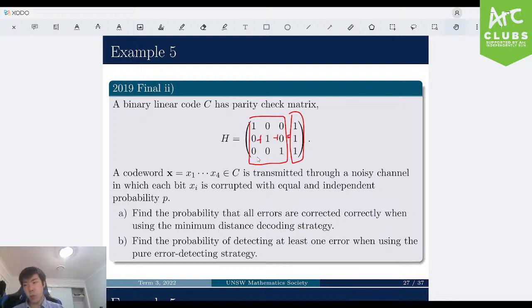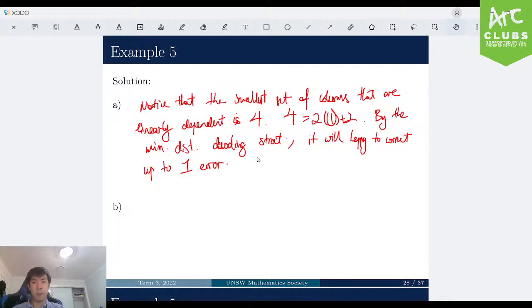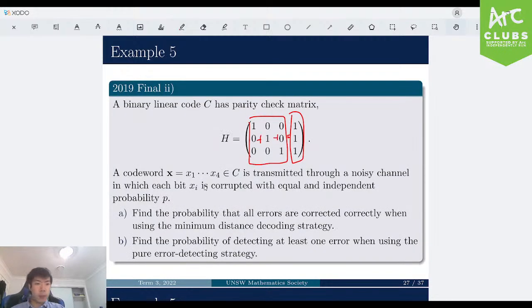So what's the probability of one of those bits being corrupted? Well, that would just be equal to 4 times p times (1 minus p) cubed, right? So the 3 bits are not corrupted. 1 bit is corrupted, and that 1 bit that's corrupted can be in position 1, 2, 3, or 4. So times by 4.